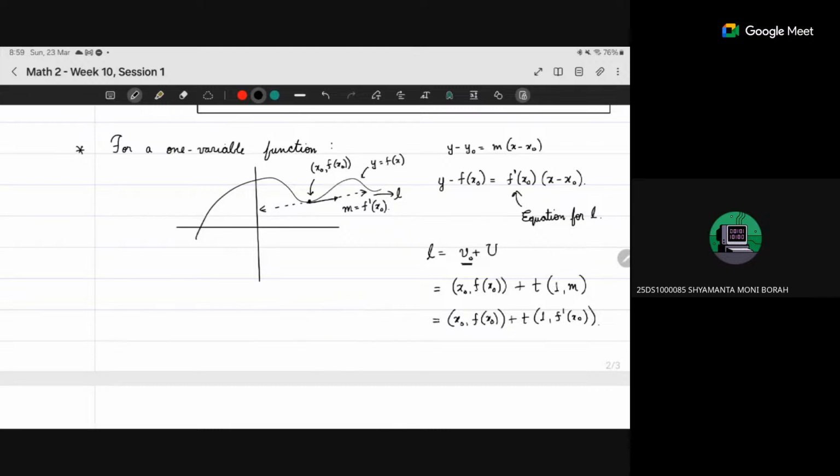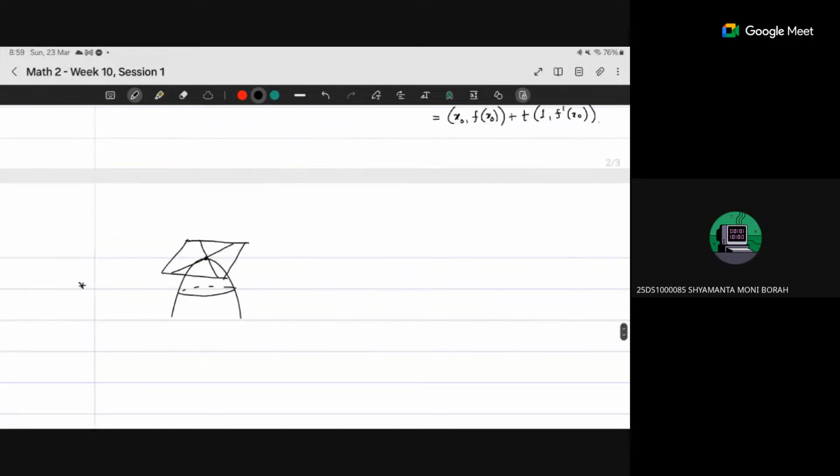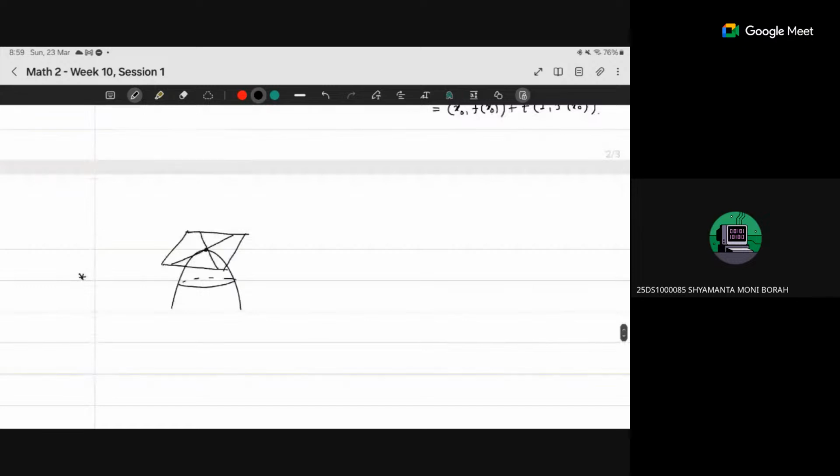So this is a subspace, by the way. As you vary t, you will get different values. So this is a particular vector plus a subspace. This is the affine subspace representation of the tangent line in one-dimensional calculus. We'll do something similar in vector calculus.